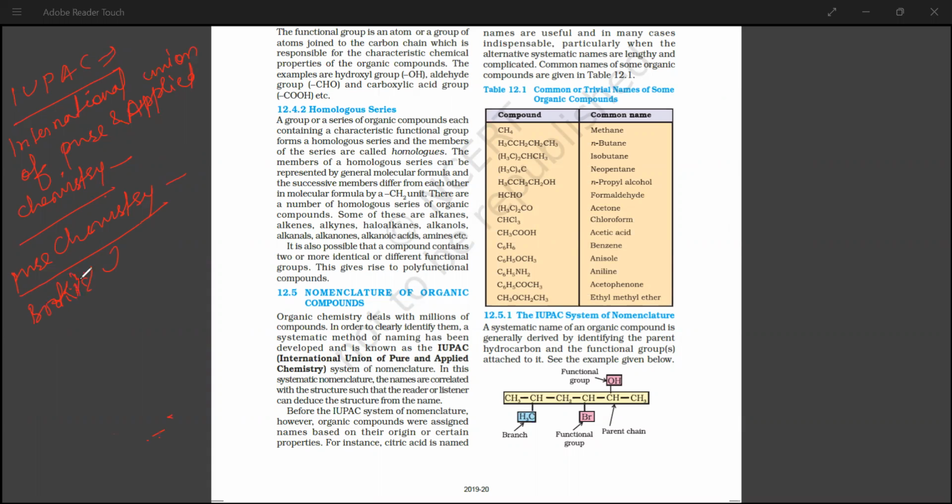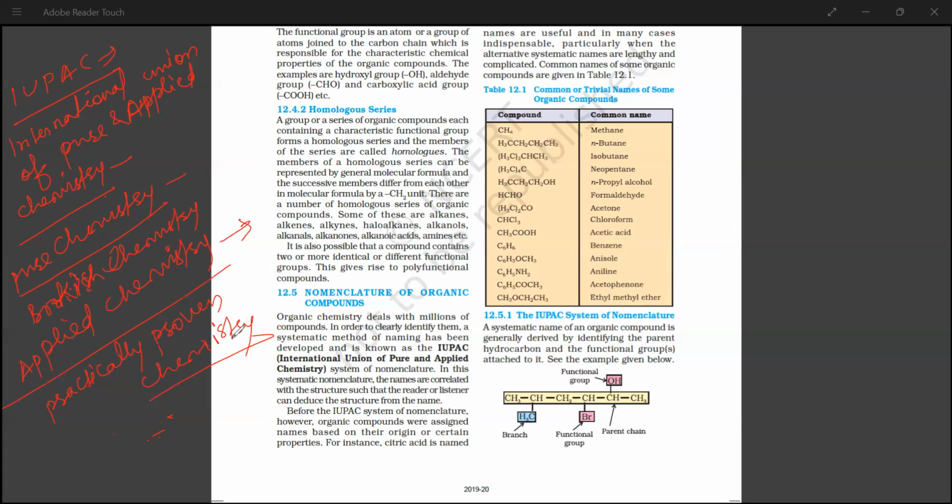It means that part of chemistry which can be proven practically right. The part which can be proved practically, that is called applied chemistry. So this is bookish chemistry and the practically proven chemistry. This is the meaning of pure and applied chemistry.